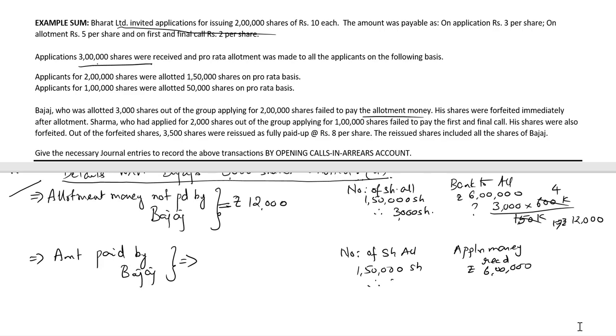Therefore, for 3,000 shares allotted, the amount paid by Bajaj is again rupees 12,000.